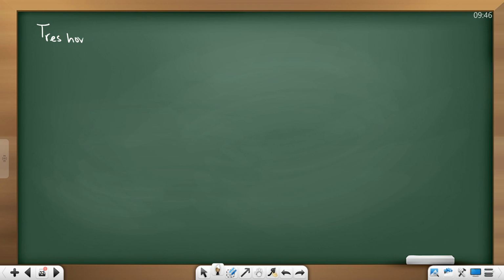Or instead of using horizontal, we can say, I want to make it easy for you, T x resultant is equal to 0, which means we have what?